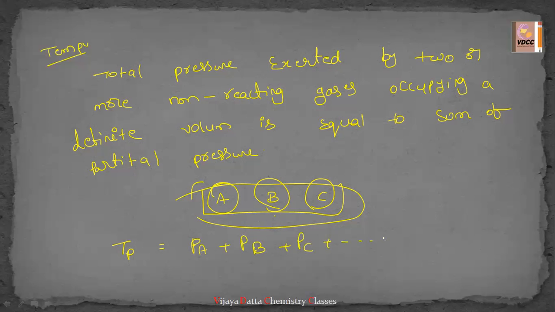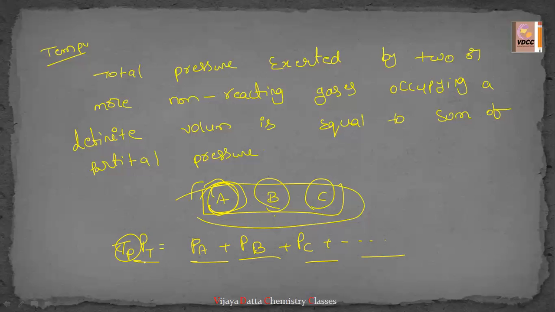Not only three, you can take different types of gases also. The total pressure you can write as PT also. Total pressure equals the sum of its partial pressures. The definition of partial pressure is the pressure exerted by the gas individually. This is Dalton's law of partial pressures. This is the statement.